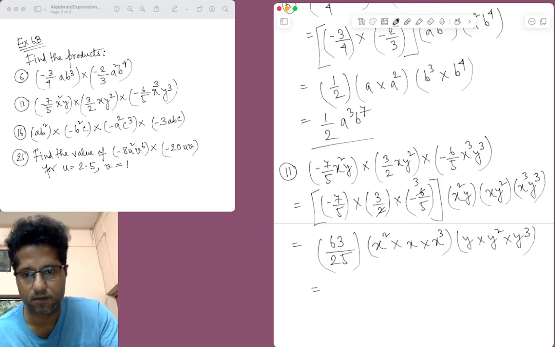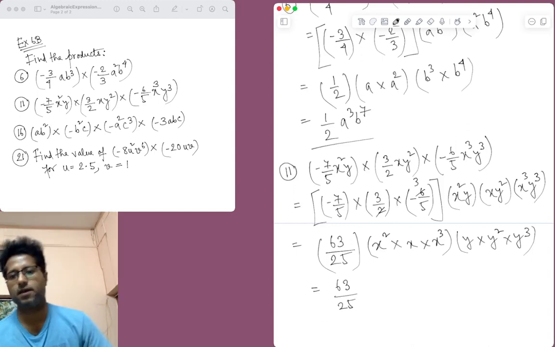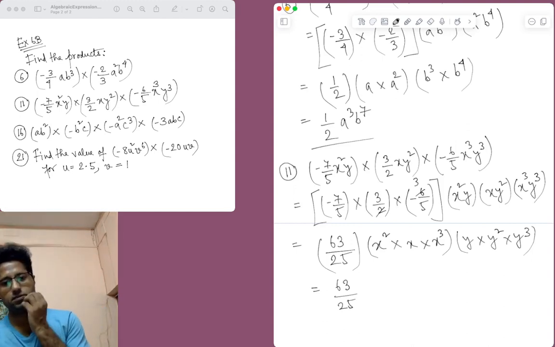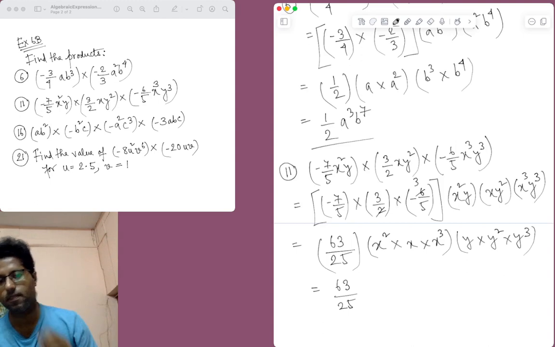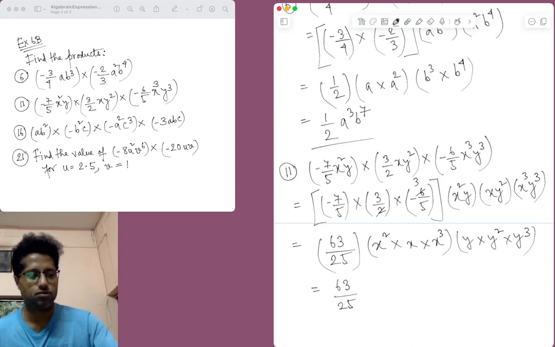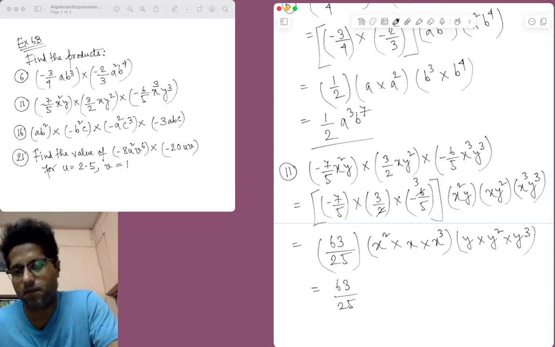So now this becomes 63 by 25, x square into x into x cube. We just use the laws of exponents. You know that x to the power m into x to the power n is x to the power m plus n.